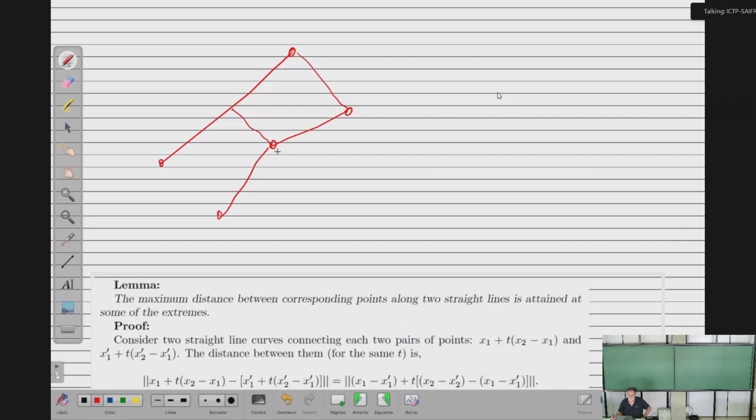Right? You see this and you say, okay, it's true, but we have to check, right? Because in particular we are using any norm. So how do we prove this?